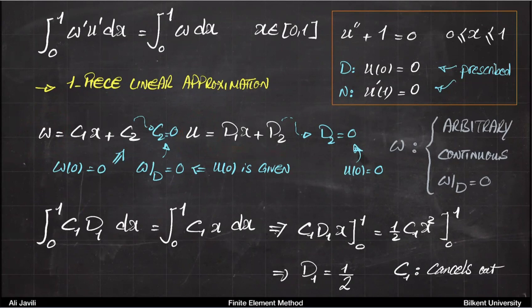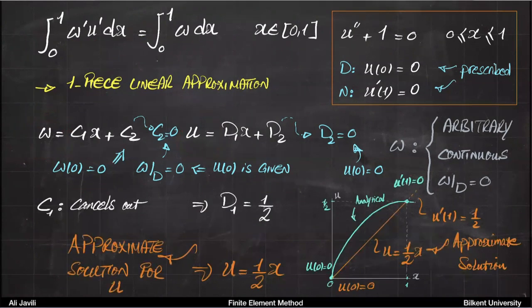And then you insert the boundary conditions, you calculate w prime and u prime, you insert them into the equation, you solve it, and then you get this. So this is what we did previously. This is basically u equals 1/2 x. As you can see, this is a line. This is a one-piece line, or otherwise a linear approximation.